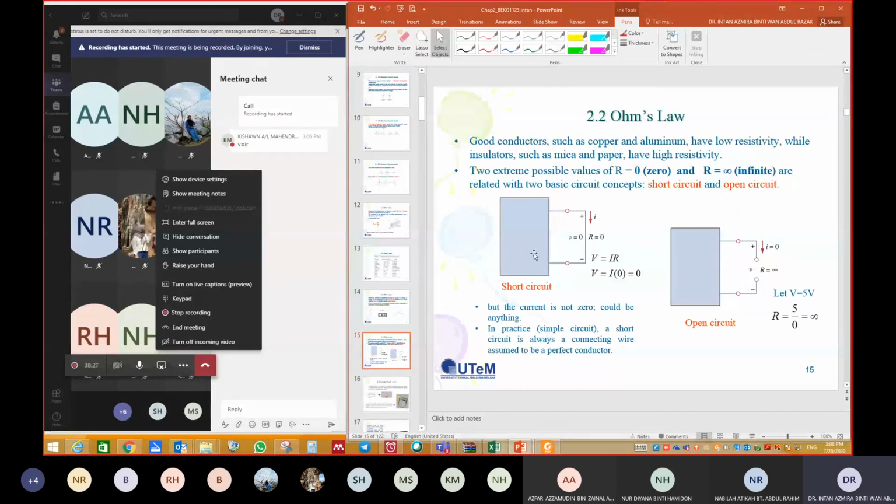We have two cases: short circuit and open circuit. For a short circuit, V is equal to 0 because R is equal to 0. This short circuit has no R, so R is equal to 0, but we have current I. So V is equal to I times R, which is 0, so we have 0 volts.